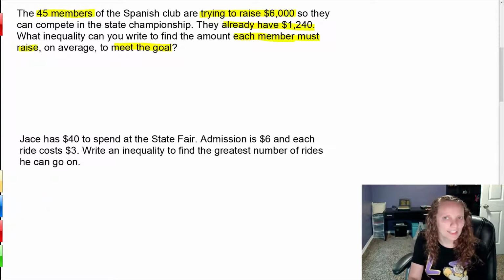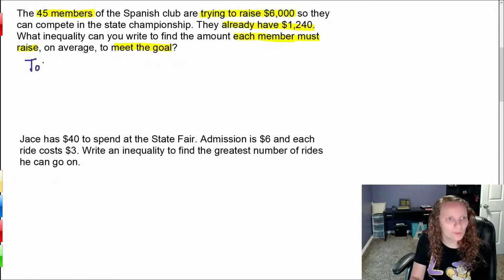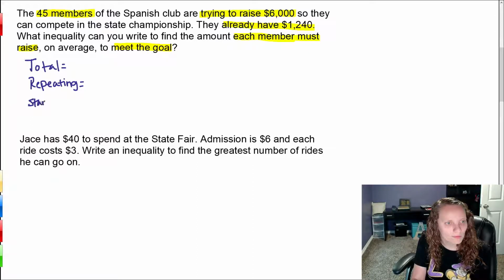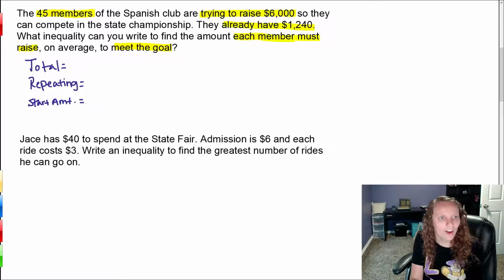Okay, so we need to decide what is our total. The number that's repeating or has some kind of pattern. And then the starting amount. Alright, total. They want to raise $6,000, so that's the total amount of money they're wanting. So we're going to put $6,000 there.